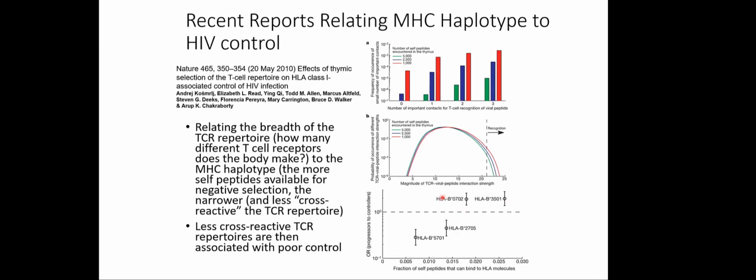They're all HLA-B types, so that's one of the class 1 molecules, A, B, and C. And it's plotting the odds ratio of whether or not you're likely to be a progressor or a controller, so a long-term non-progressor.